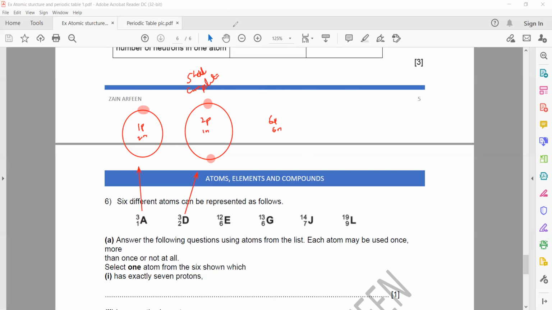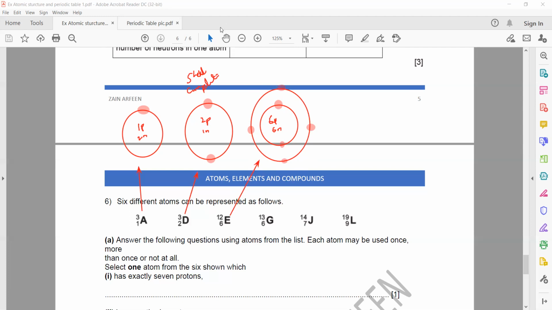When we draw the atomic structure, because six electrons are there, the first shell will have two, and the second shell will have four electrons. The second shell maximum can have eight. As you can see, it's not complete, so E is not a noble gas.